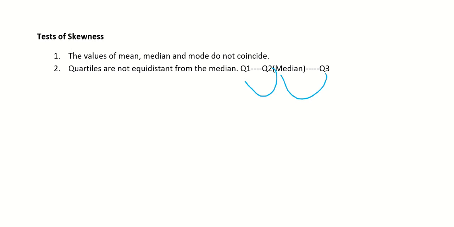They vary. But in case of normally distributed data, this gap would always remain the same. Okay. So in case of normal data, Q2 minus Q1 is equal to Q3 minus Q2.